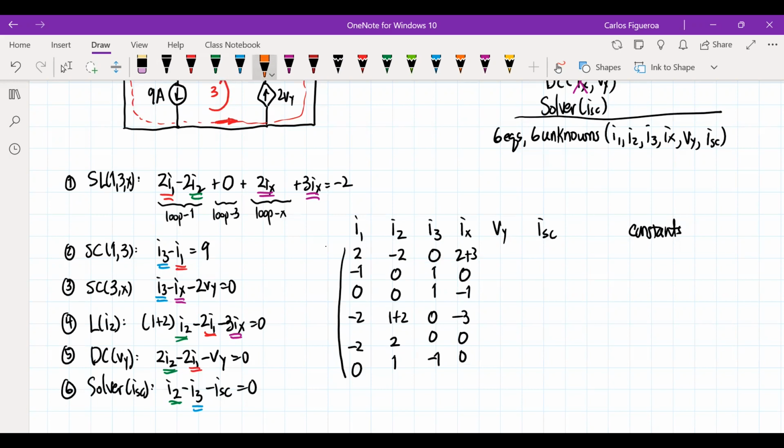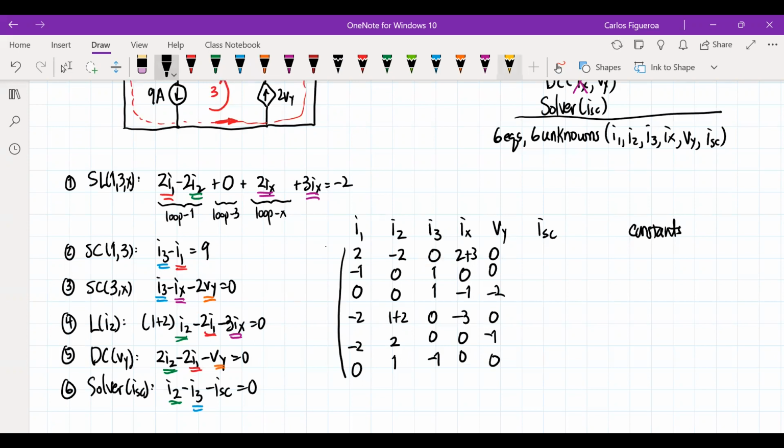So Vy, I'm going to use orange, I guess. So here I go. So I got 0, 0, Vy, Vy. So there's only 2 places for Vy. So I should have 0, 0, minus 2, 0, minus 1, 0.